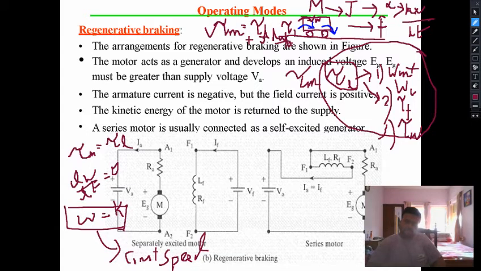So your torque equation should not be this; rather, your torque equation should be tau m is equal to tau L plus J d omega m dt, and in place of d omega m dt, obviously I can write alpha.